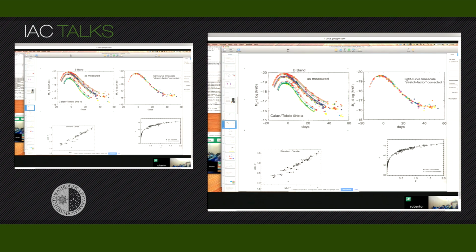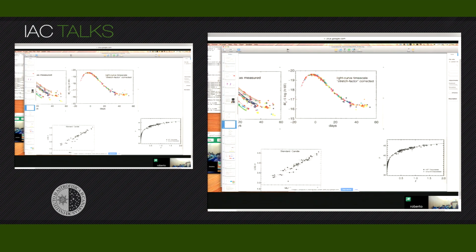We can use this empirical correlation between that time and their intrinsic luminosity to correct the curves, bring them all back in line, and obtain standard enough candles, standardizing them using this observed property they have.